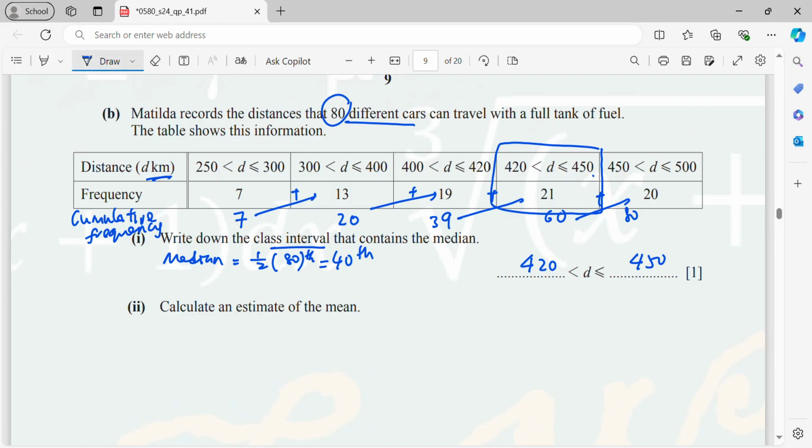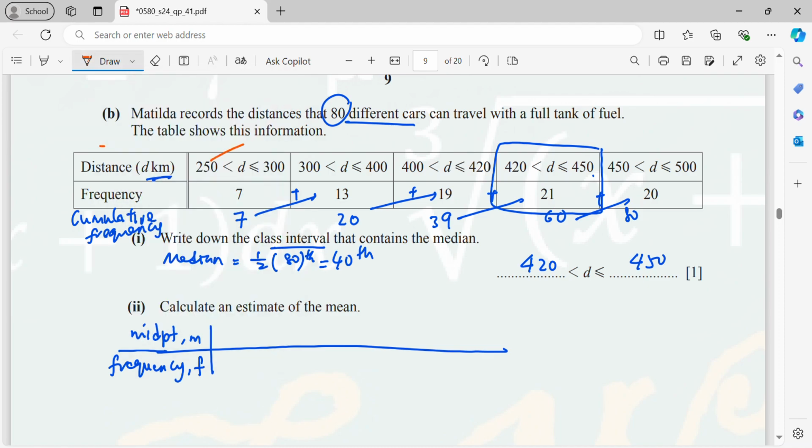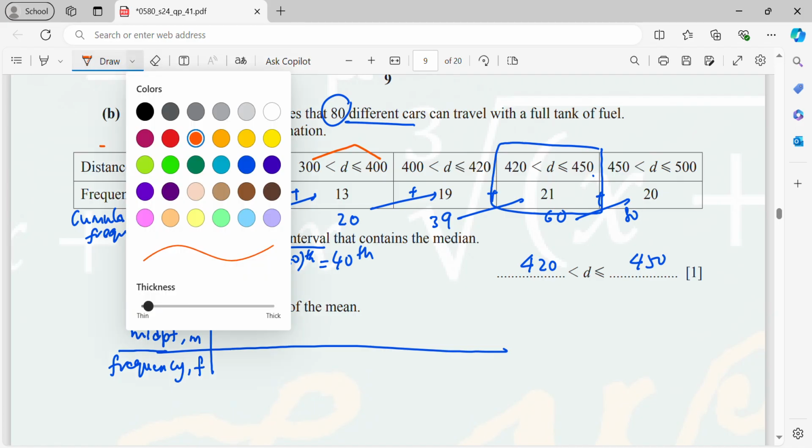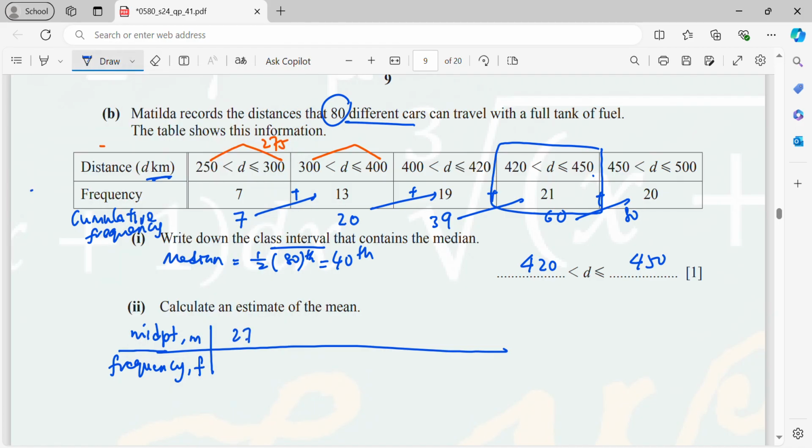Now calculate an estimate of the mean. For the mean, we need to calculate the midpoints. So here I will write midpoints M and then frequency F. The midpoint calculation is basically getting the average of the limits. So 250 plus 300 divided by 2 gives 275.